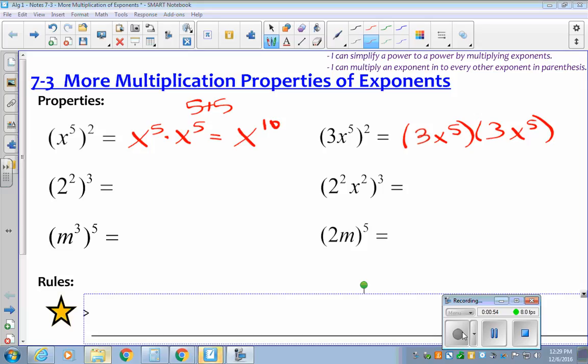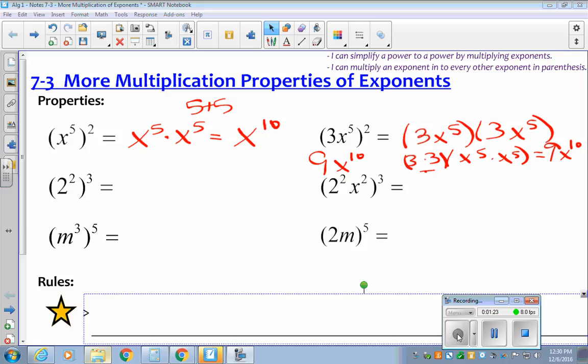So that's 3 times 3 and x to the 5th times x to the 5th. 3 times 3 is 9, and we just did x to the 5th times x to the 5th, which was x to the 10th. So the answer to this is 9 times x to the 10th.